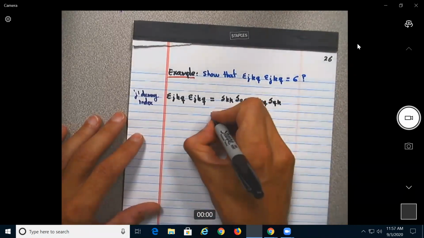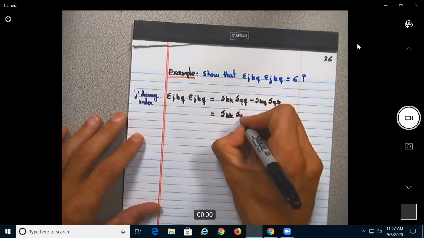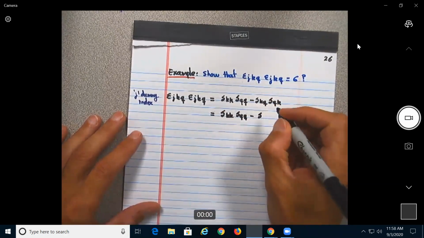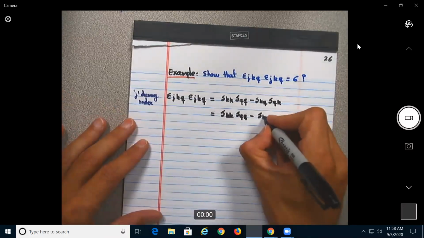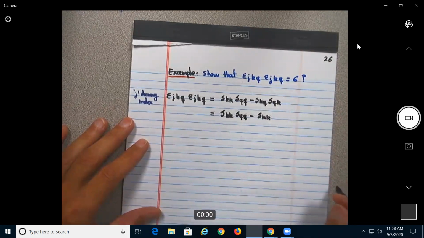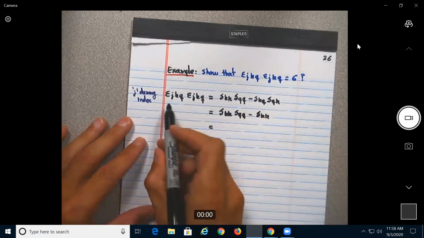So basically, same as before, this will give us delta KK delta QQ minus delta, since we use, whatever you want, this will be delta KK. Okay? So now, from your question before, how many do we have? 3, no?